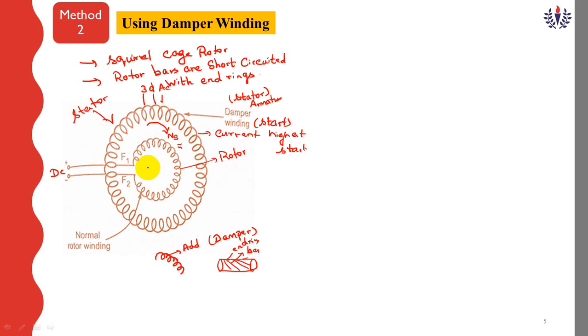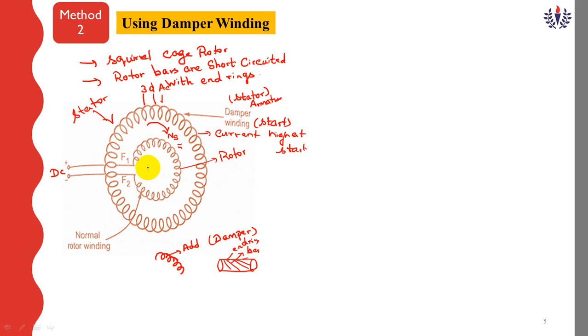As the rotor rotates at synchronous speed continuously, what is the relative motion between the damper winding and the rotating magnetic field? It will be zero. Therefore the motor is running as a synchronous motor, so there cannot be any induced EMF in the damper winding.